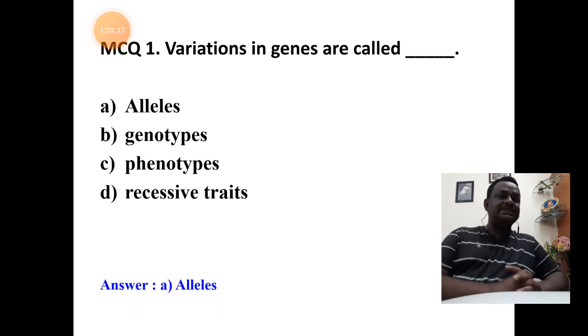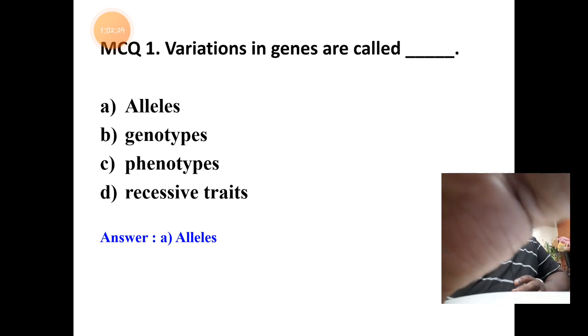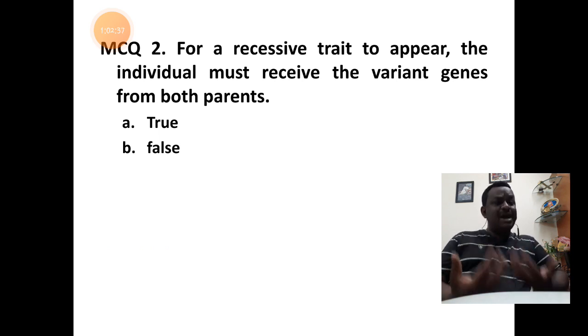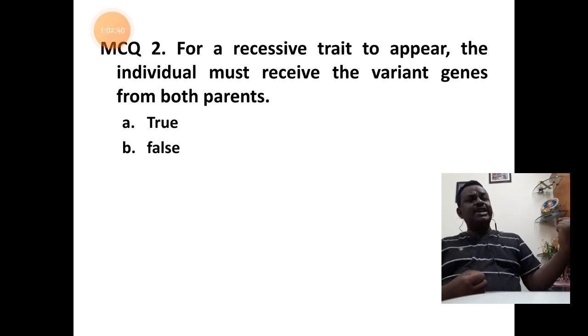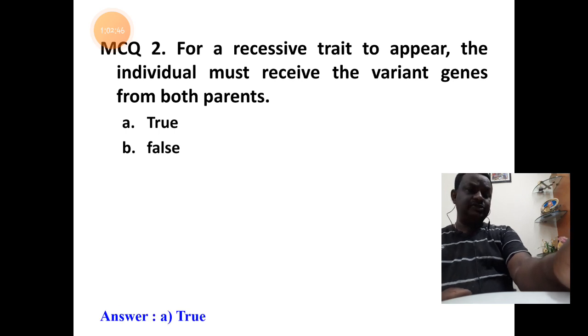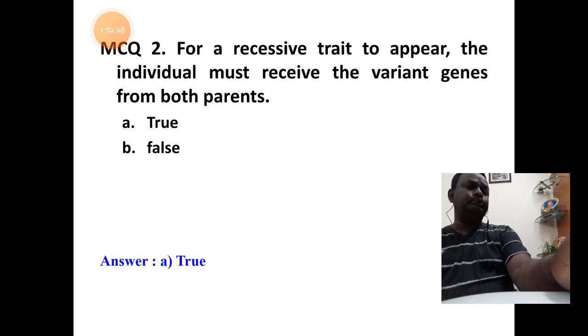So answer is A. Second question. For a recessive trait to appear, the individuals must receive the genes from both the parents, father and mother. So answer is A, true.